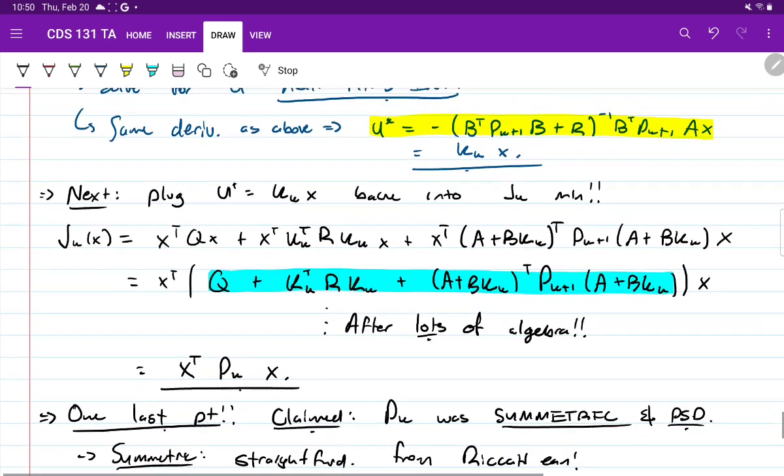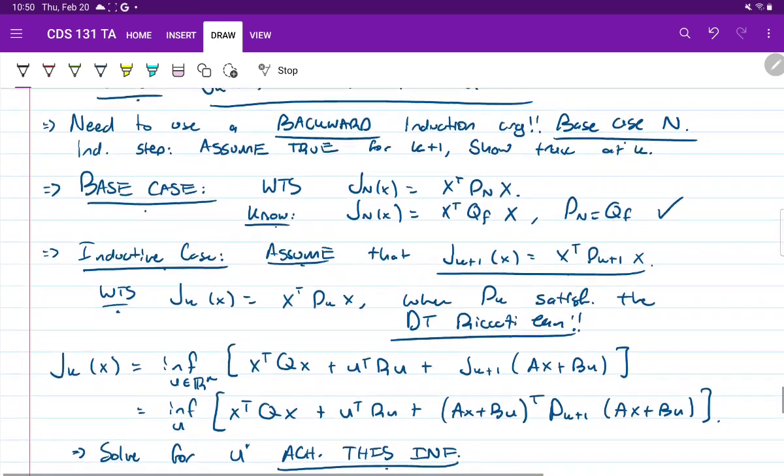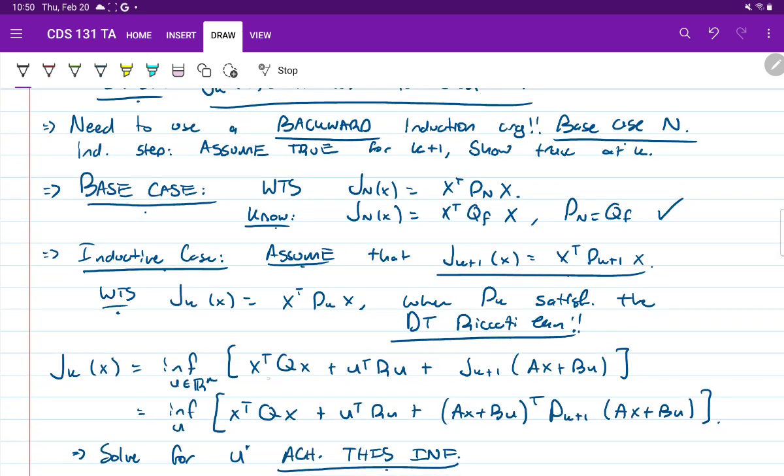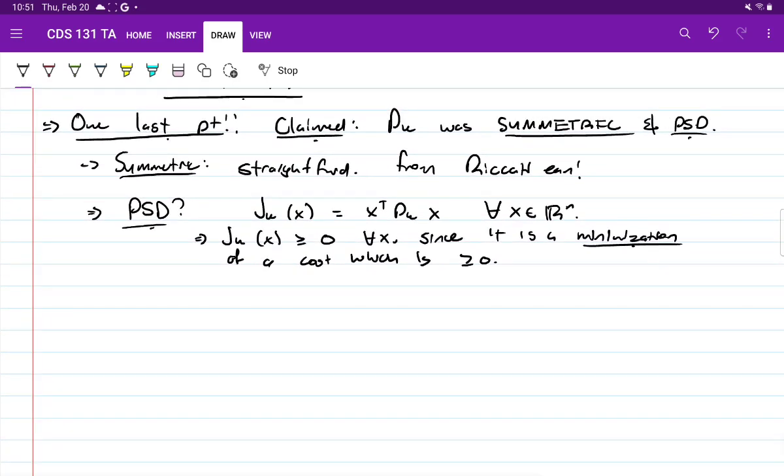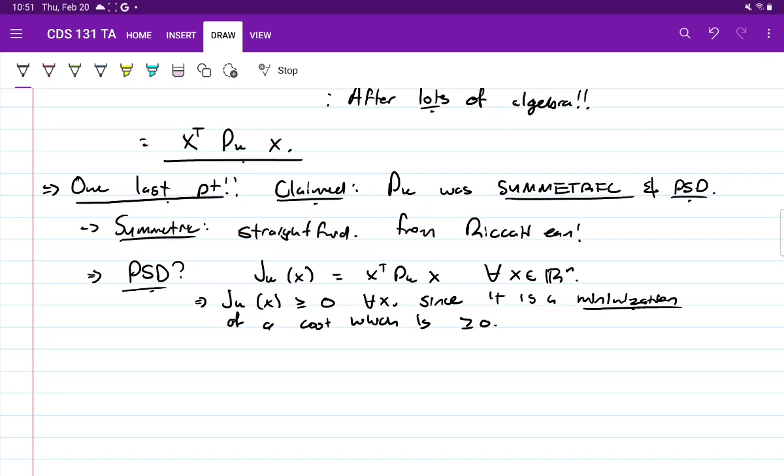Okay? So if we take a look at this formula over here, what we're doing is taking a minimization of functions which are all going to be greater than or equal to 0. Okay? And since we're doing that, we conclude that J_k itself needs to be greater than or equal to 0.